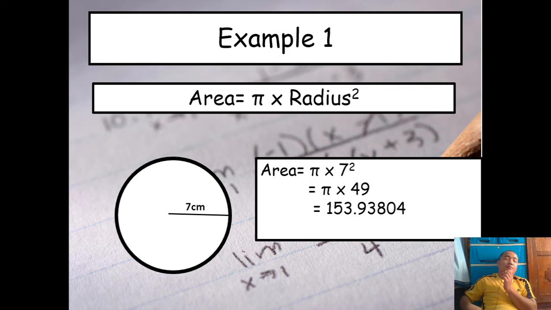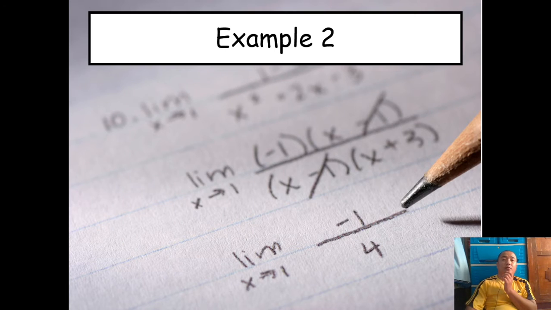Rounded to 1 decimal place, or the nearest tenths, that is 153.9 centimeters squared. So just square the radius times pi, or times 3.14.